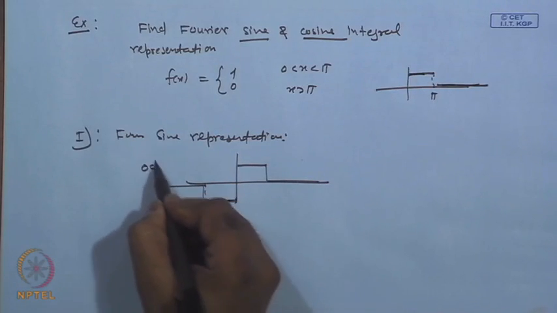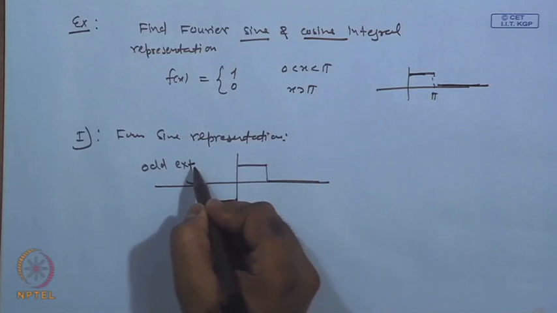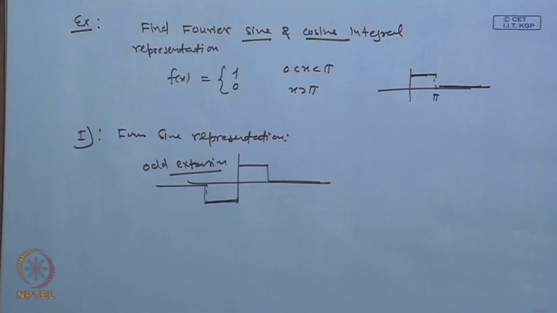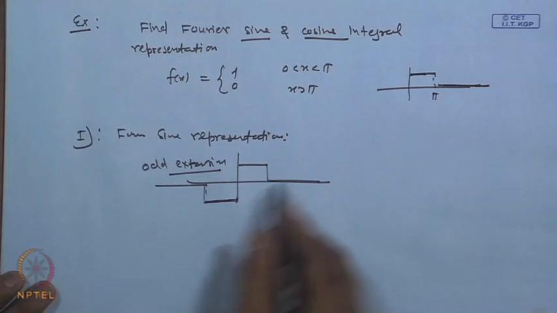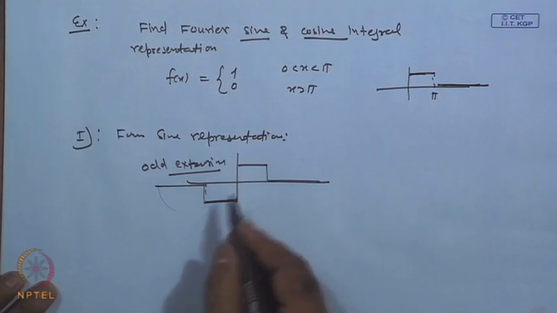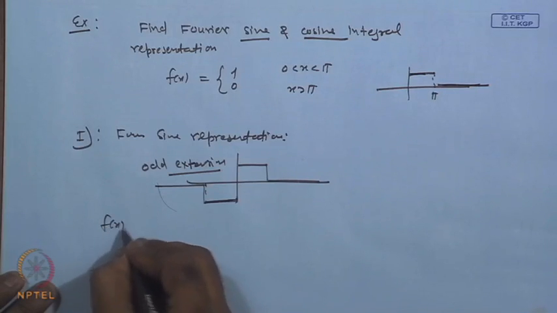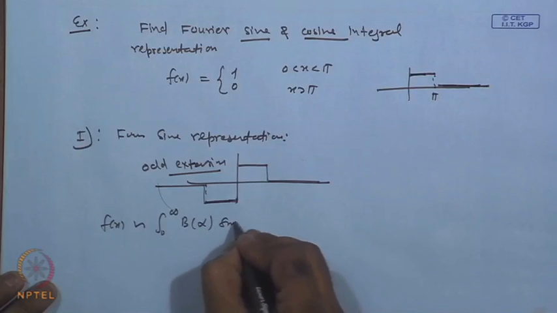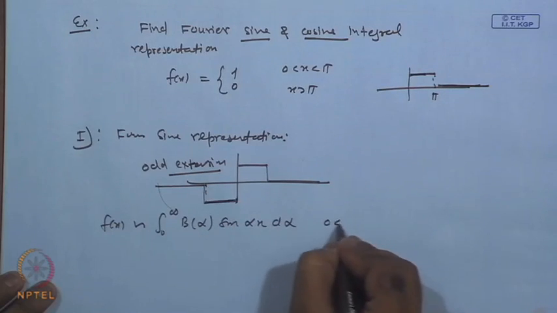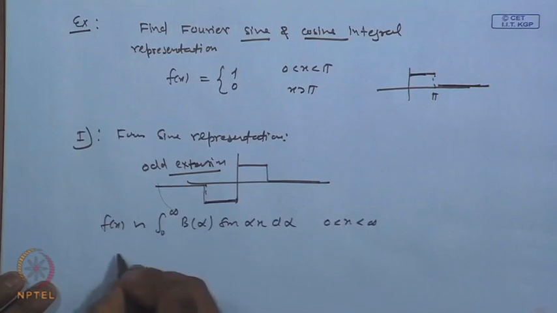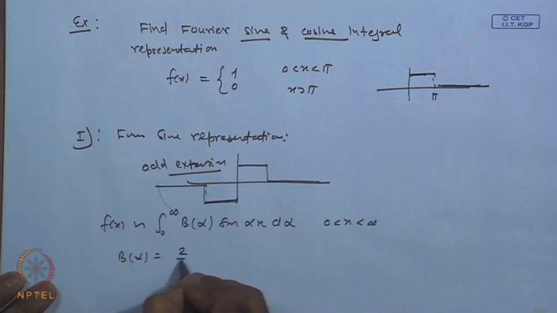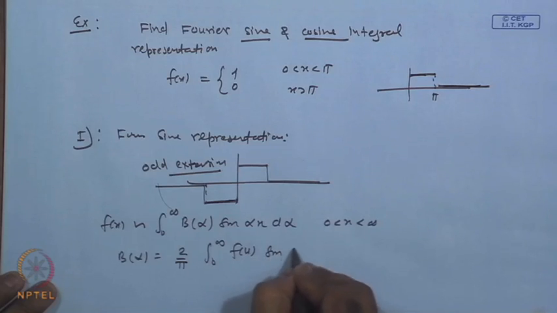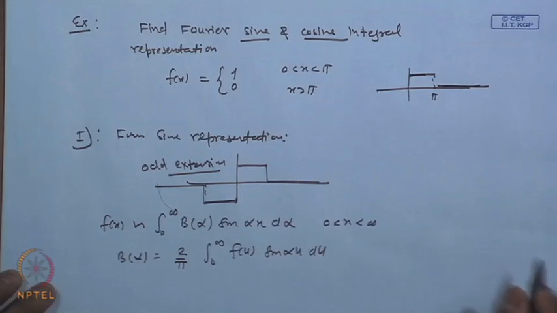So, we have this odd extension, and in this case we will get sine integral representation, because for this function a(alpha) will be 0 and we will get only f(x) equal to the integral from 0 to infinity of b(alpha) sin alpha x d alpha, and for this we will calculate b(alpha), that is 2 over pi, 0 to infinity f(u) sin alpha u du.